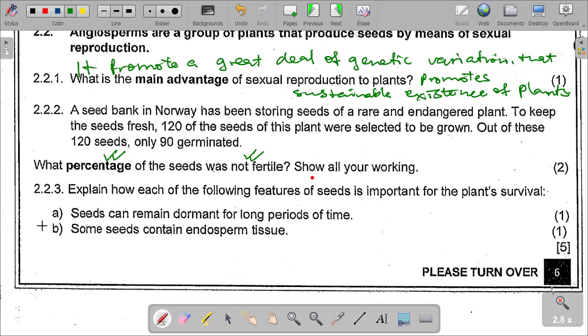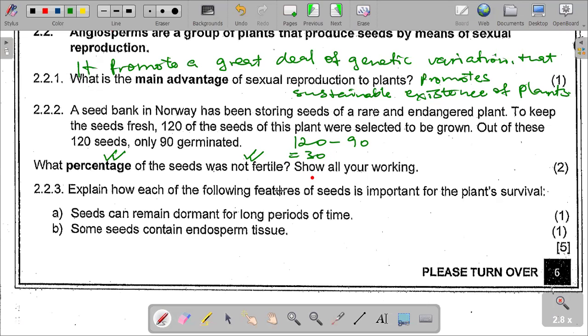So we take the total number of seeds minus the number of seeds that germinated. 120 minus 90 equals 30 seeds that did not germinate, were not fertile, but we want a percentage.